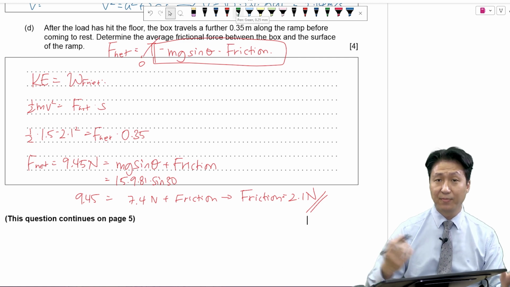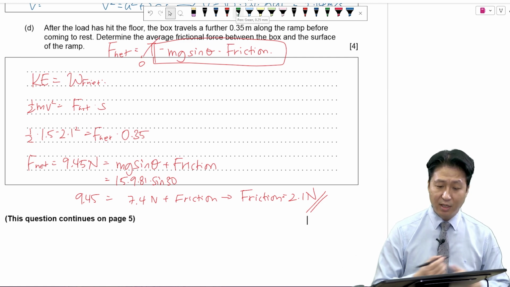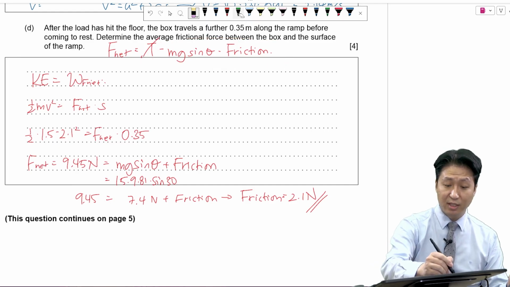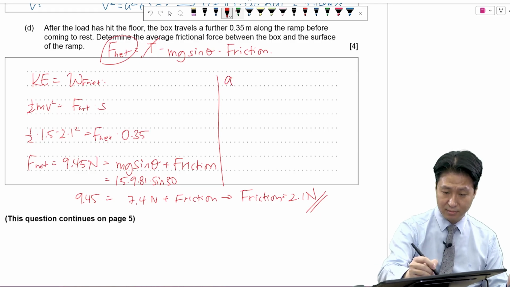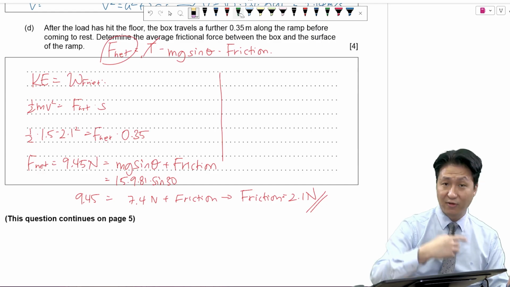Now, what happens if you use the SUVAT equations instead? If you use the SUVAT equations, you cannot find net force directly. You have to find the acceleration. And the way you find the acceleration is, well, you know the final velocity is 0.